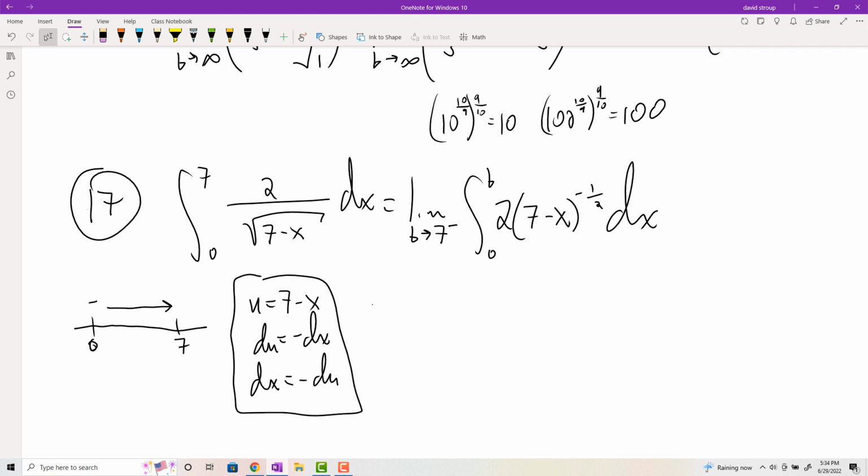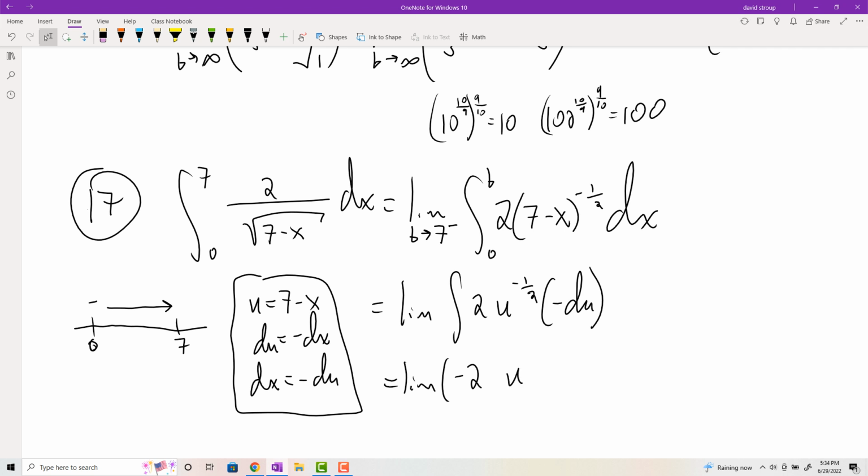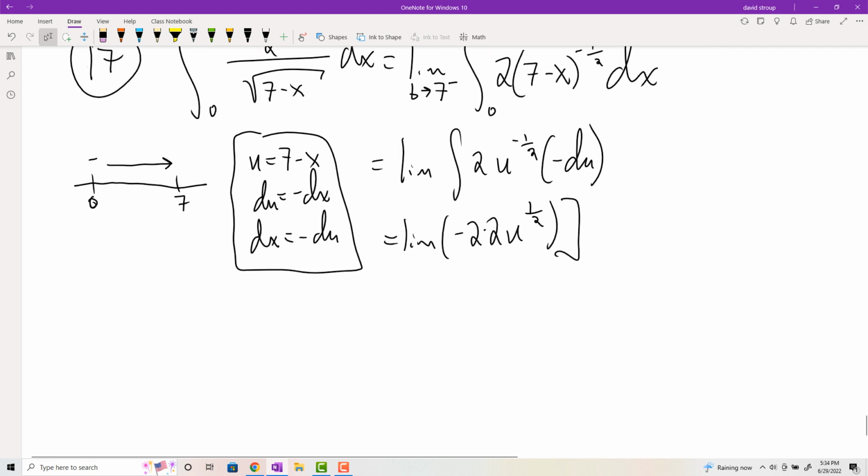Okay. So here I'll have a limit of the integral of 2 times u to the negative 1/2 times dx, which is now negative du. I can factor out that negative, and I'll have negative 2, and then integrate the u to the negative 1/2. That will be u to the negative 1/2 plus 1, which is positive 1/2, times the reciprocal of 1/2. And then I want to back sub and evaluate.